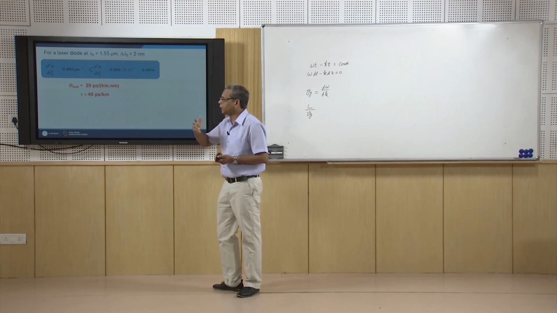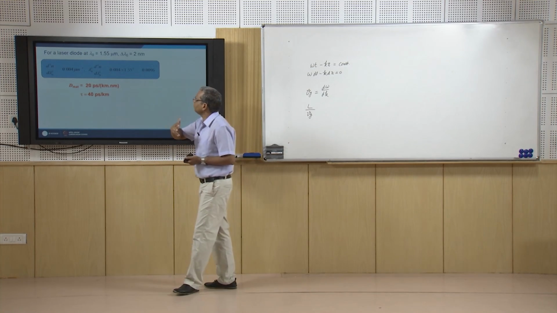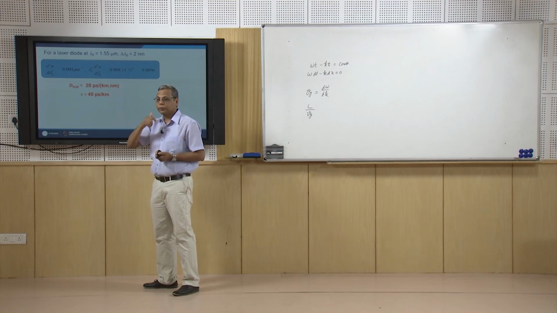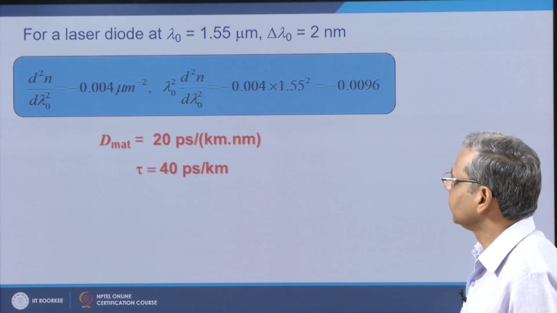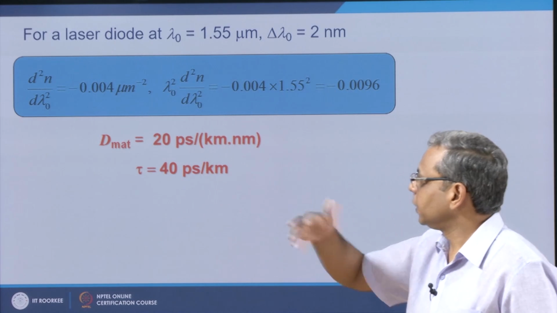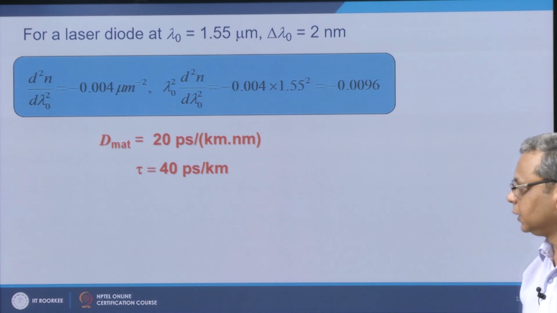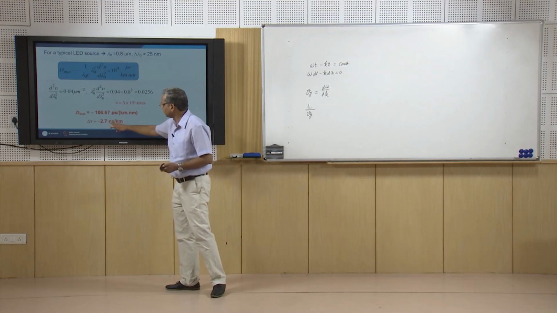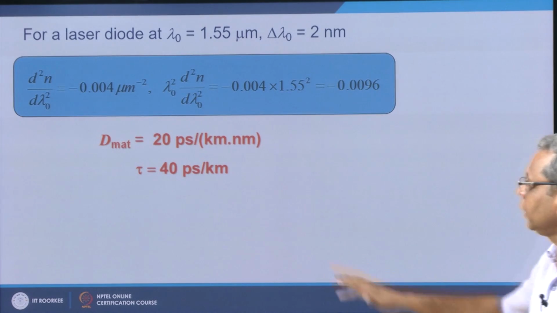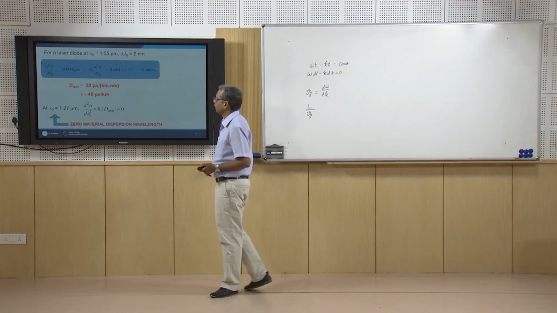So, you can see when I go from an LED at 800 nanometer wavelength to a laser diode at 1550 nanometer wavelength, the material dispersion comes down drastically from 3 nanoseconds per kilometer to 40 picoseconds per kilometer.